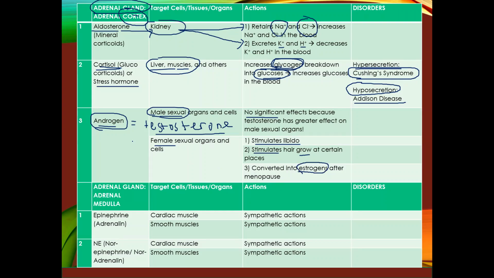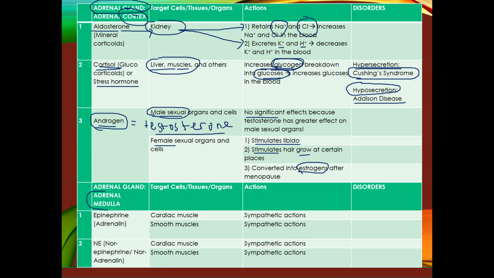Some androgen will be converted into estrogens when the female gets menopause. So at least it gives some estrogen production during or after the menopause. Okay, that's the adrenal cortex.